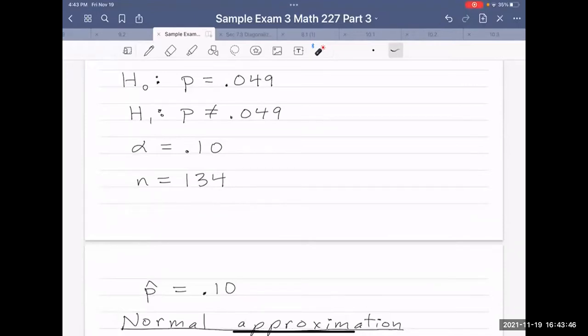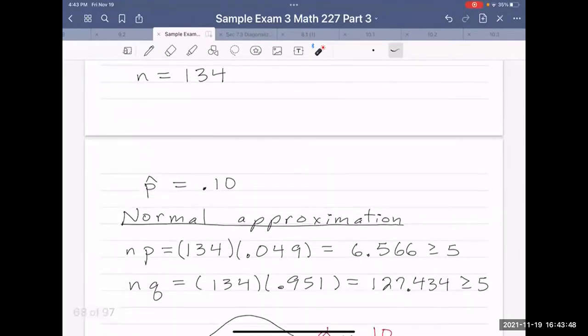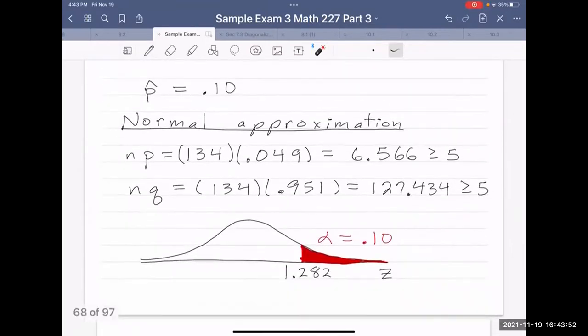N was 134, and the sample proportion was 0.10. So let's see if the normal approximation is applicable. The answer is just barely. Look at n times p, 134 times 0.049, 6.566. It's just barely greater than 5.